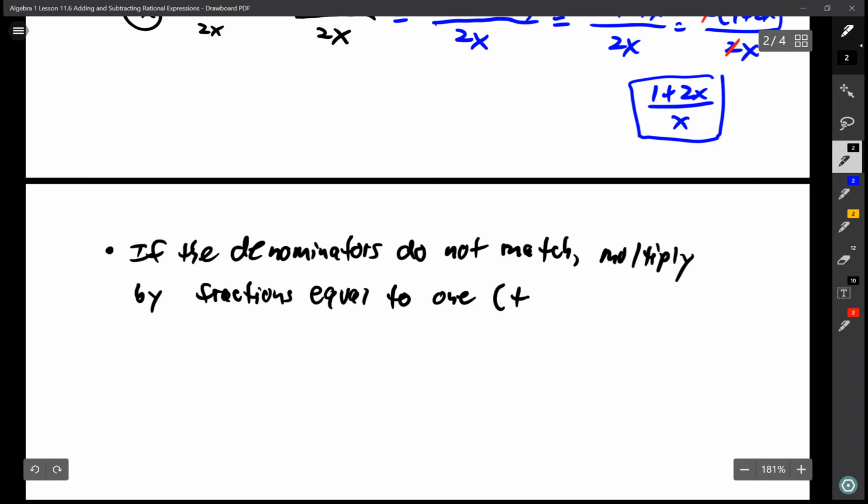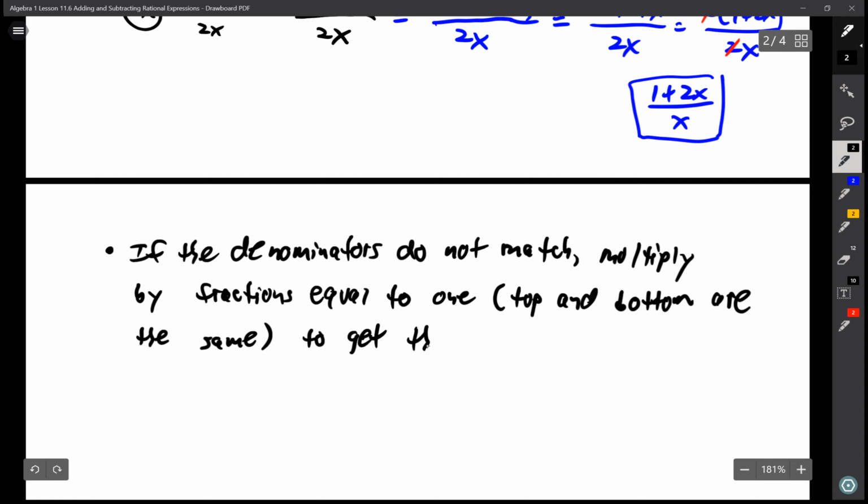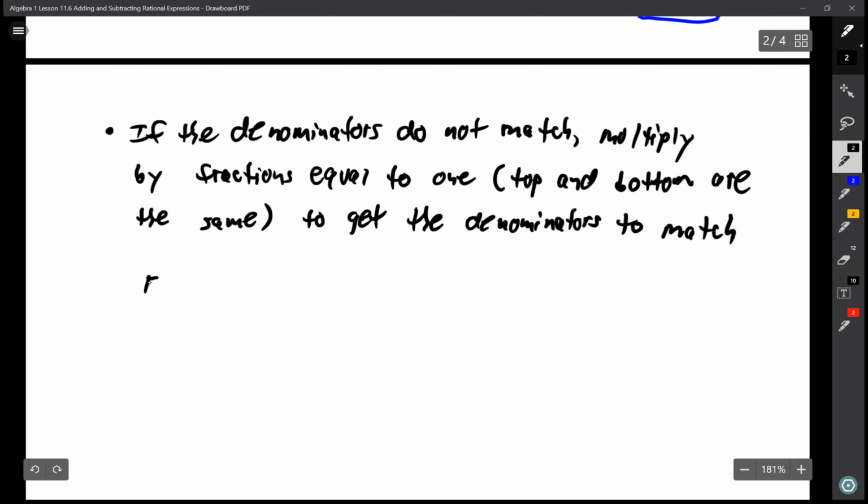I can say top and bottom are the same, top and bottom are the same, to get the denominators to match. So let's do a couple examples like that.